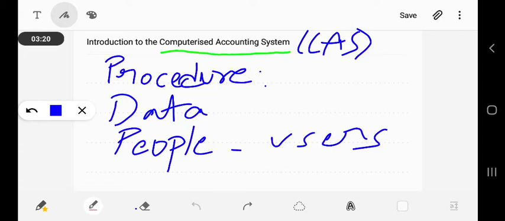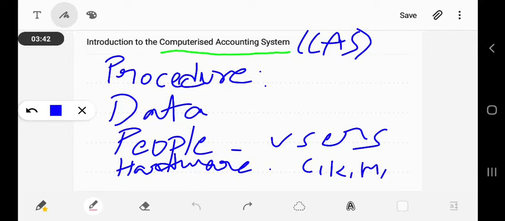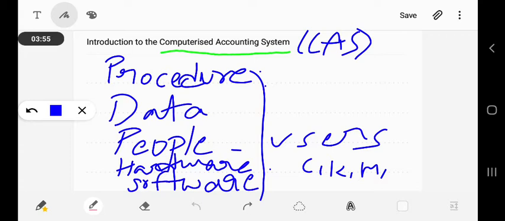The next one is hardware, a computer and its parts, like keyboard, monitor, etc. And then the next one, obviously you people know, is software: system software and application software. So all these are the components of a computerized accounting system.